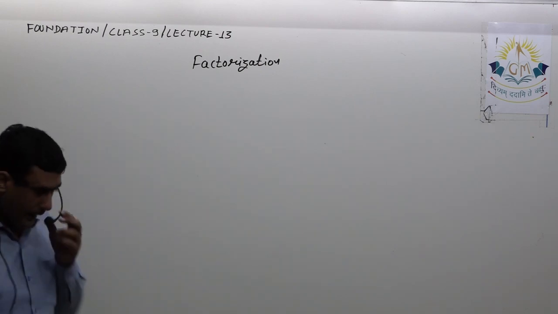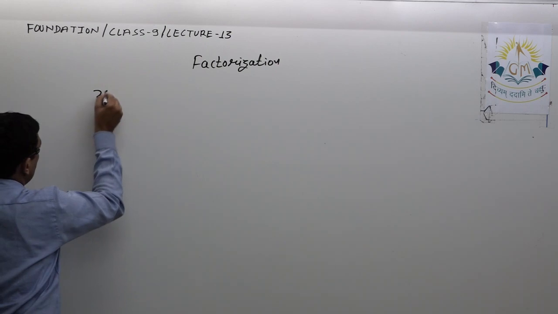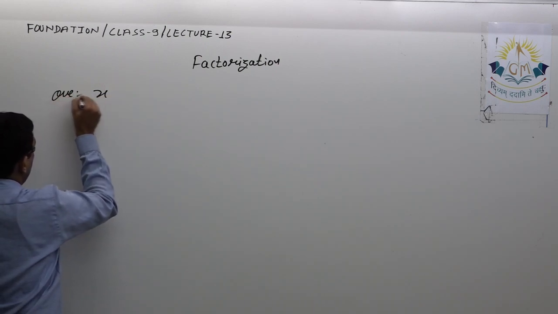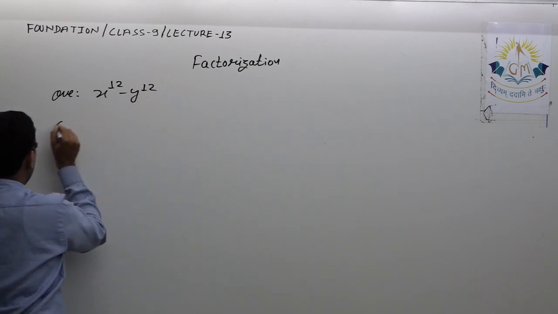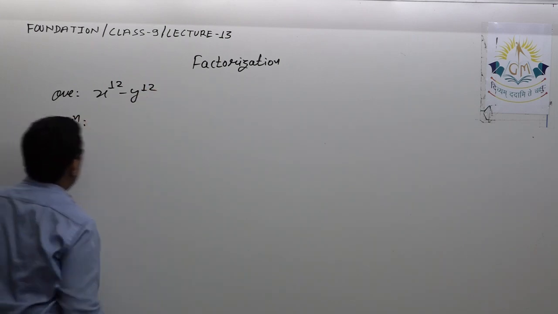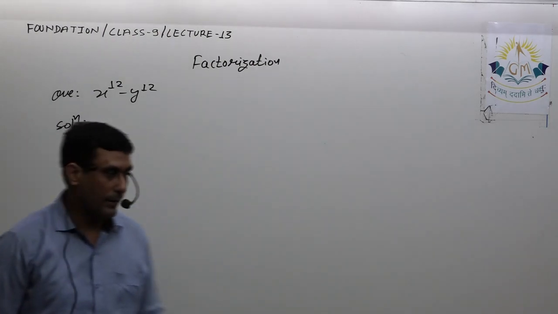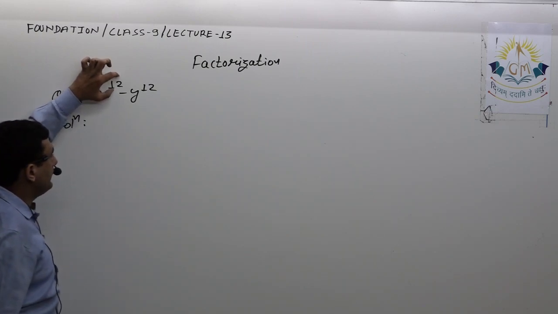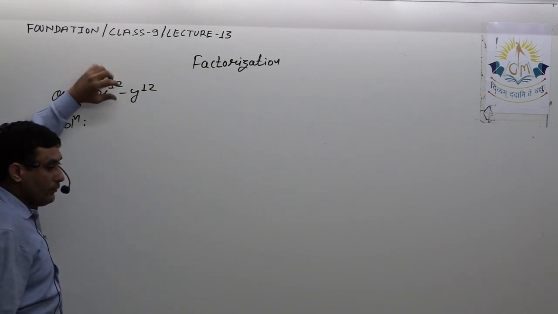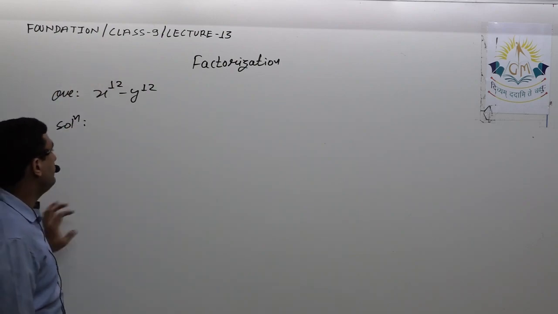Okay, next is x raised to 12 minus y raised to 12. Okay, so there is a direct identity for this. Now we can take, if I split this identity, this power, 4 raised to 3 or 6 raised to 2, because it is 12.